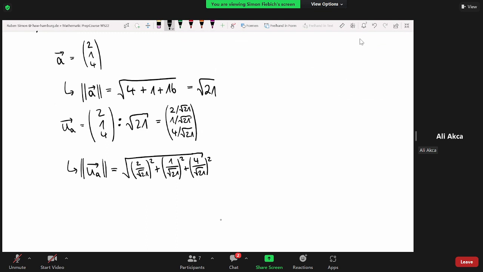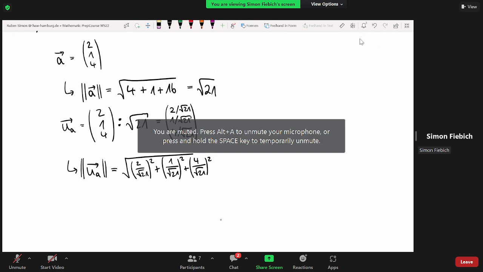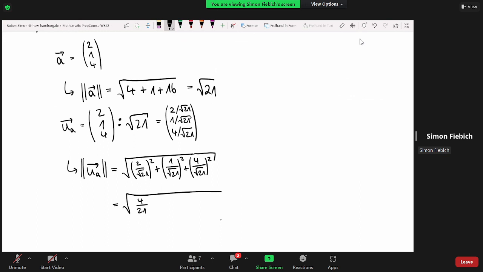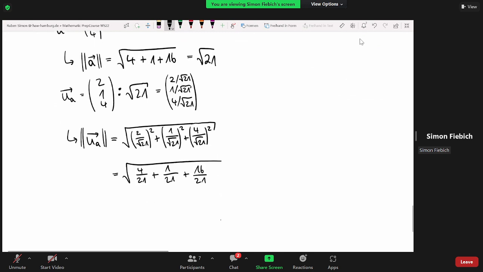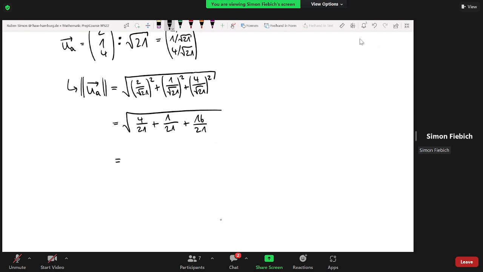Yes, but let's derive it properly. If we do the calculation, this would of course be 4 divided by 21 plus 1 divided by 21 plus 16 divided by 21. And if you add all these together, it would be 21 divided by 21.